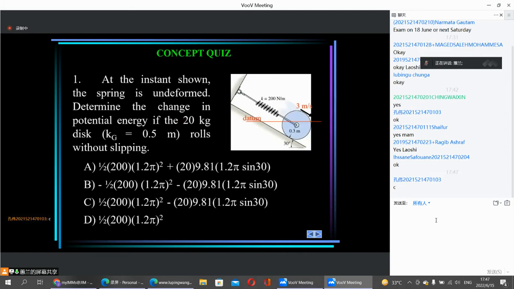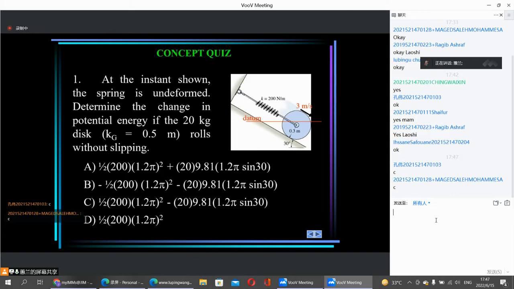At the instant shown, the spring is undeformed. Determine the change in potential energy if the disk rolls without slipping. Okay, again, it rolls without slipping. We need to find out the change in potential energy. Potential energy here includes gravitational potential energy plus the elastic potential energy, right?